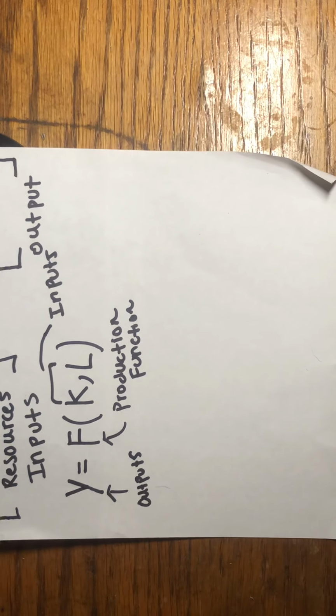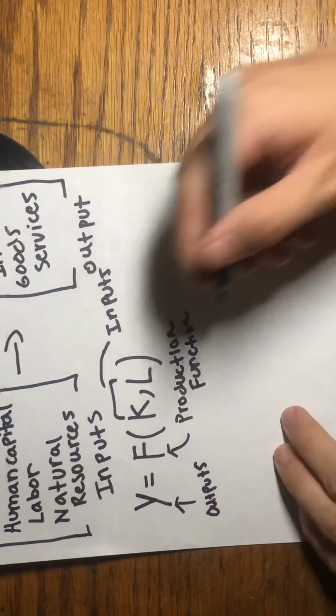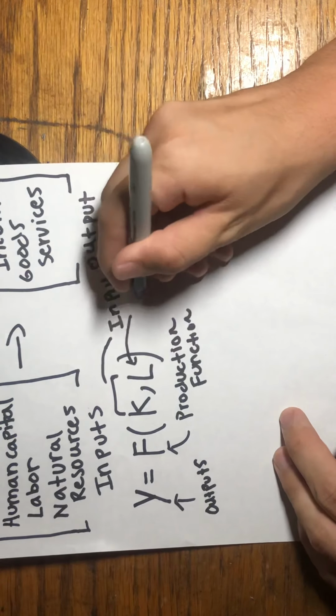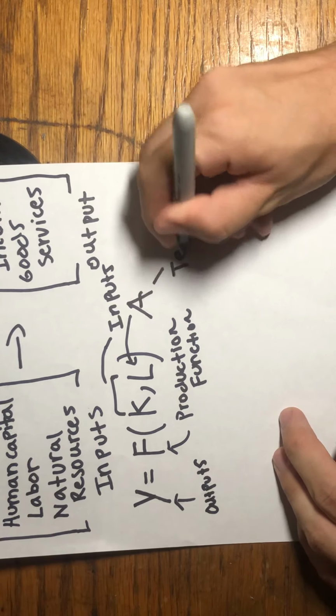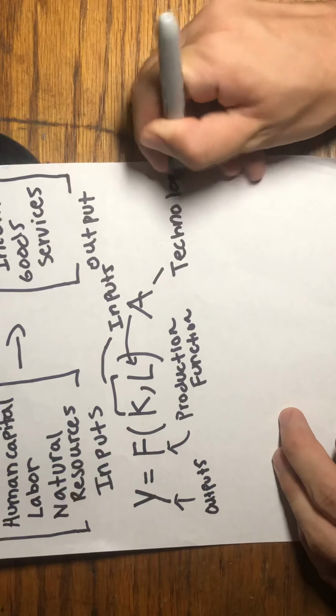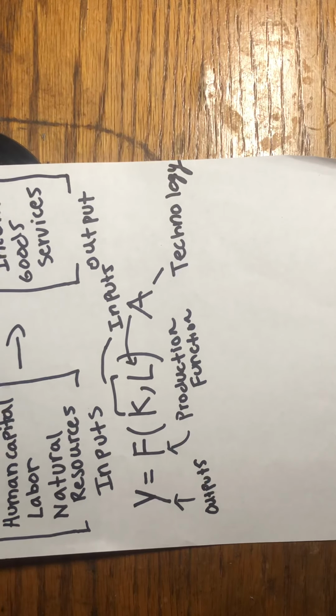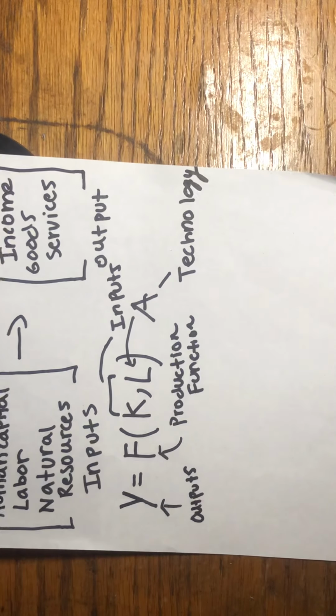Now, that's an easy mathematical way of writing that. But what if we were to add some other things in here? Another thing that we can add is A, which refers to technology. Technology is essentially things that increase the productivity or the efficiency of these inputs.